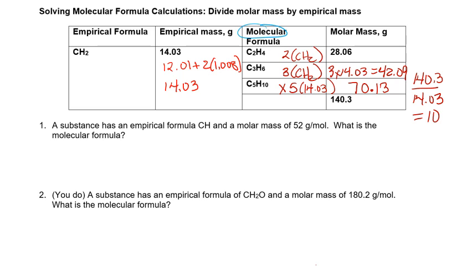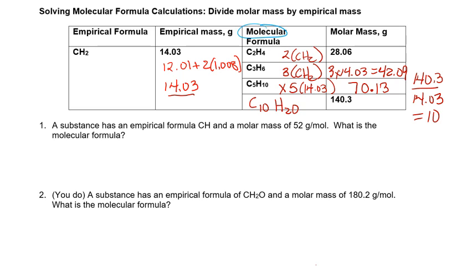So what we have is C10H20. So the approach we're going to use is what we did for that last blank. We're going to be given the molar mass, and we're going to be given the empirical formula. From the empirical formula, we calculate the empirical mass.